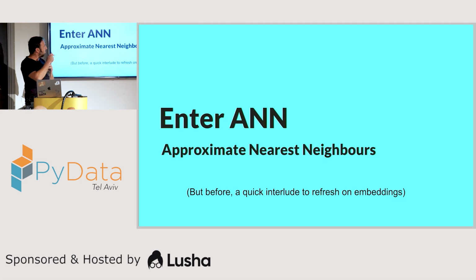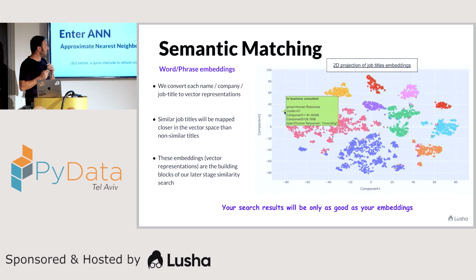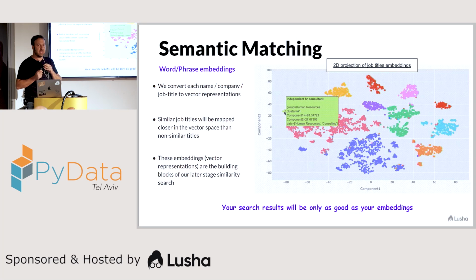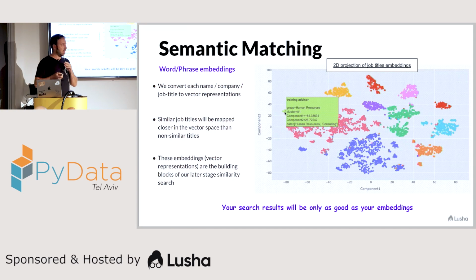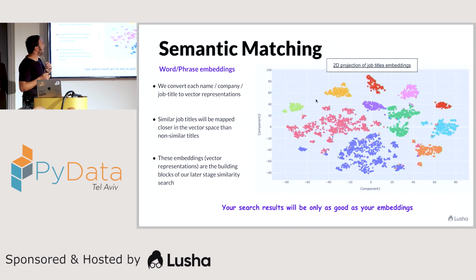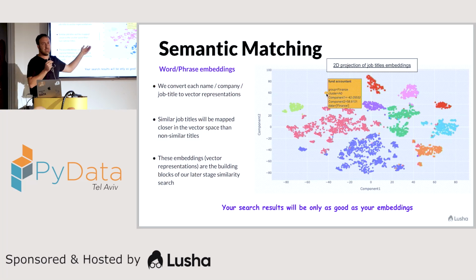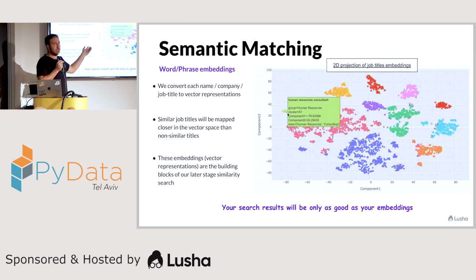Before moving forward with ANN, just a quick interlude on embeddings, or representation learning. Here I'm taking a job title of a contact, which is part of our data. What we can see here is a clustering: we did embeddings for job titles, so similar titles are closer in space.